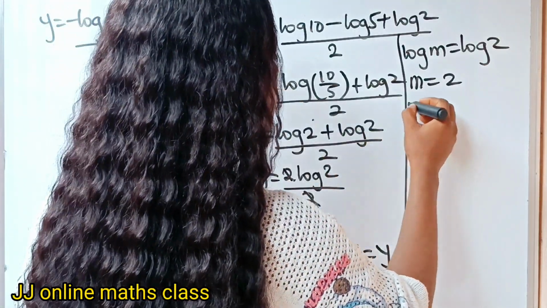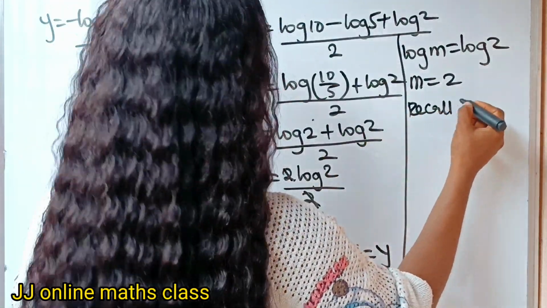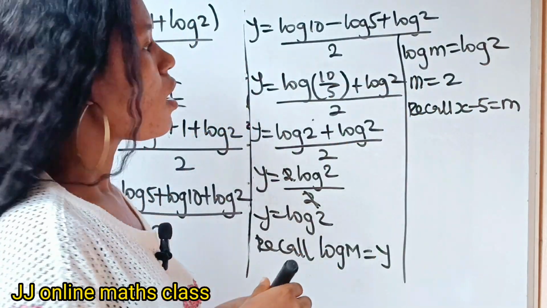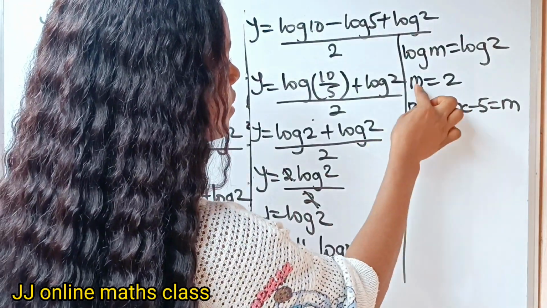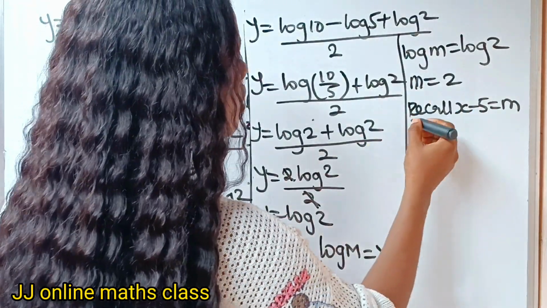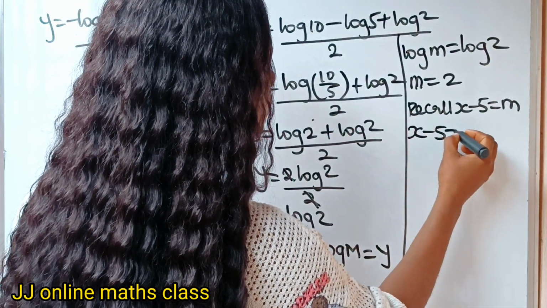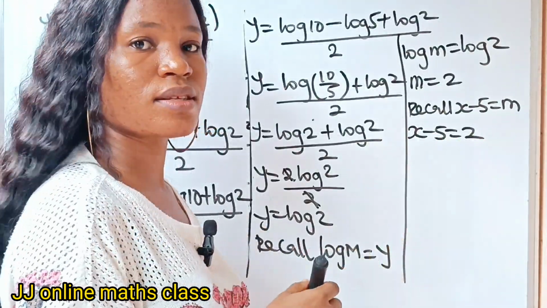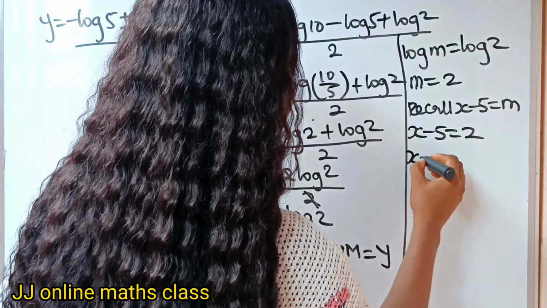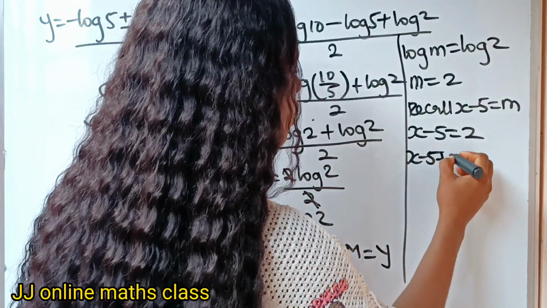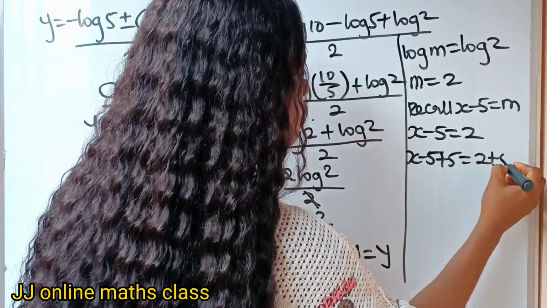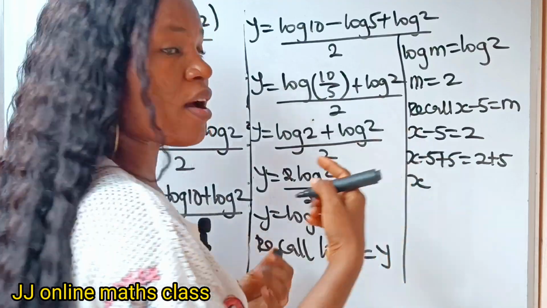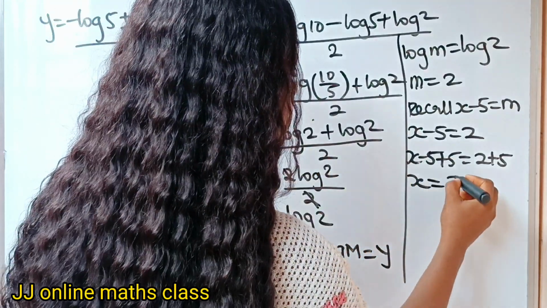So I can put this m in this equation. We now have that x minus 5 is equal to 2. We add 5 to both sides, so x minus 5 plus 5 is equal to 2 plus 5. Our x, because minus 5 plus 5 is 0, is equal to 7.